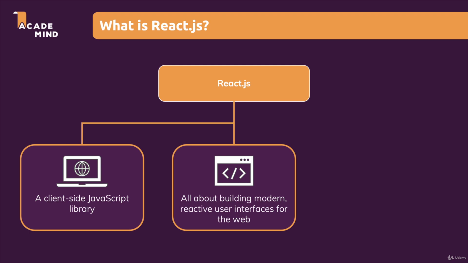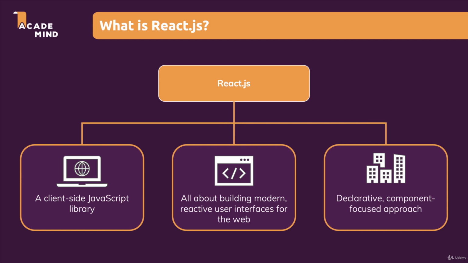It makes building modern, rich, complex user interfaces easier, and it does so by giving us a higher level syntax where we write code in a declarative way, in a declarative component focused way. We define what we want to have on the screen, what the end goal is. We create these custom HTML elements, and React will do the rest.